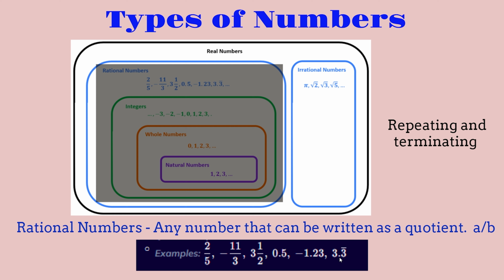If they repeat, that is okay, such as 3.3 repeating, that's considered a rational number. And if they're terminating, such as 0.5. That's what a rational number is, repeating or terminating. Rational numbers also include all integers, all whole numbers, and all natural numbers. So this is the first box inside of real numbers, which is rational numbers.